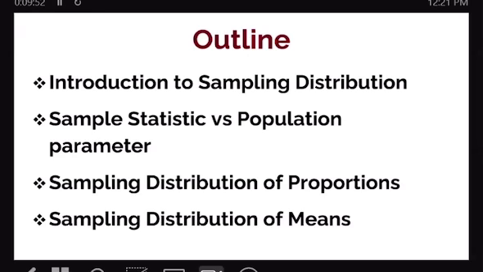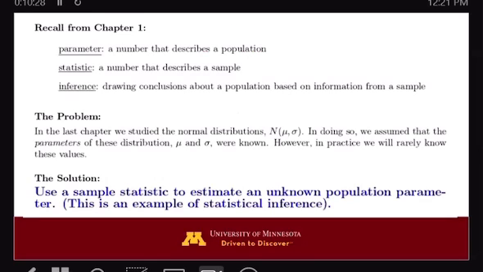The two of them play a major role in sampling distribution, and that's why we bring them in. Then I'm going to visit sampling distribution of proportions and sampling distribution of means. Like I said, you need to sit back and listen. If you have any question, you ask. Okay, let's get started.